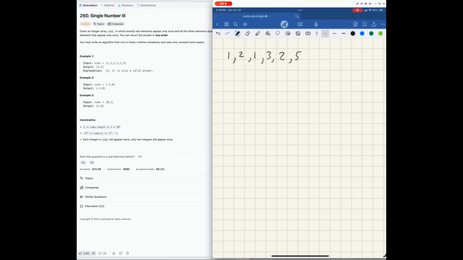Well, what are the different binary numbers here? Okay, so 1 is 0, 0, 1. 2 is 0, 1, 0. And we can just write the rest of these out.